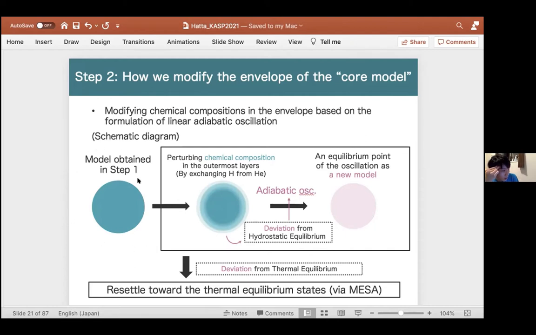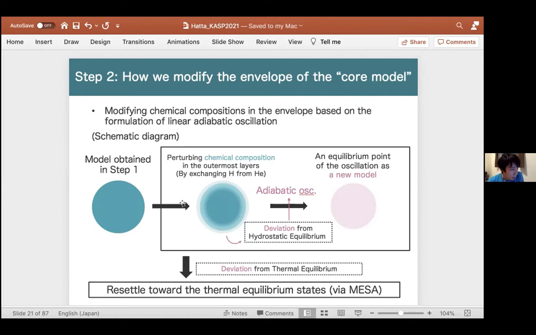Here is the model obtained in step one, so this is a core model. We perturb the chemical composition in just the outermost layers, like this. We fix the core region because we already fitted the G-mode frequencies, or G-mode period spacing patterns, so we didn't modify the core region. We just perturb the outer region.